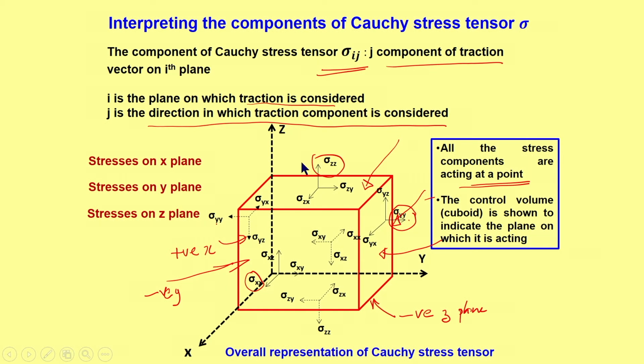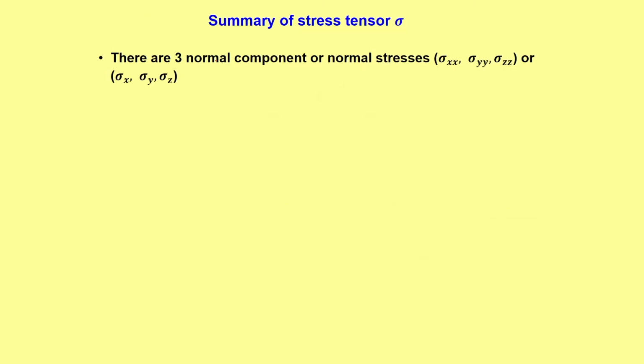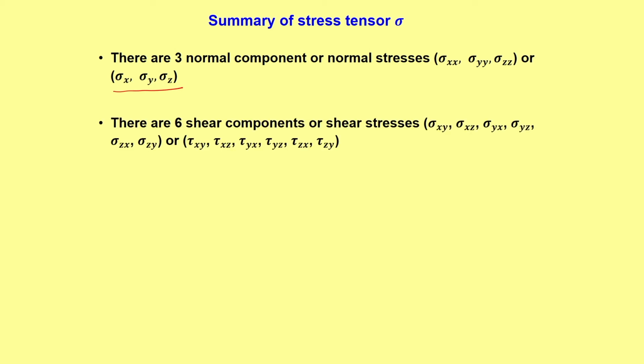These are acting in the same direction as that of the normal. They are merely stated as sigma x, sigma y, sigma z, which is a common terminology which we normally use in mechanics.